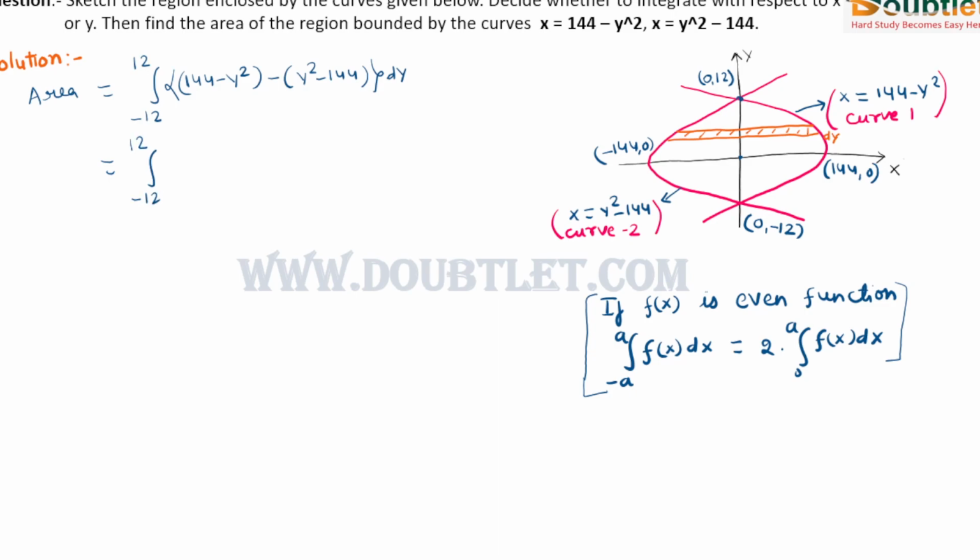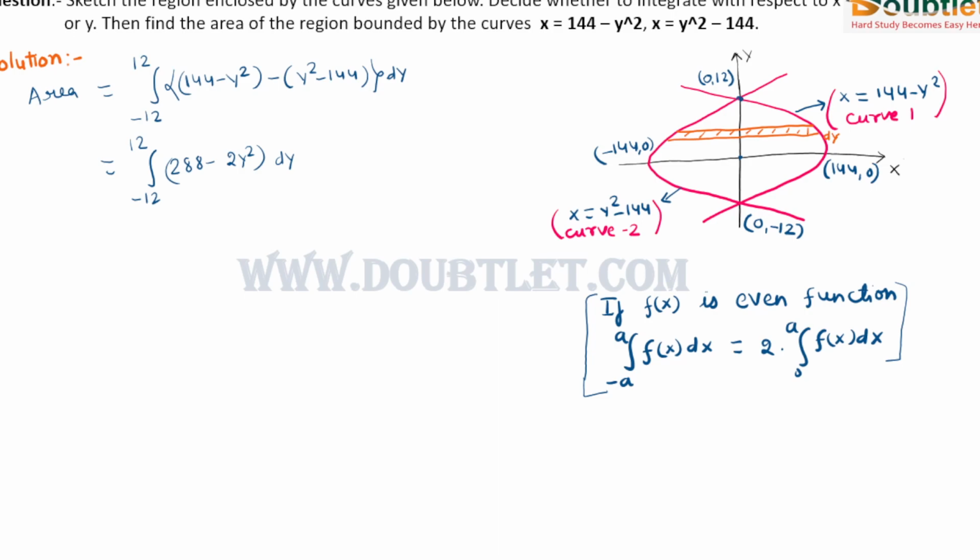Then this 144, this minus will become plus. So it will become 288 minus 2y square. Then we know that 288 minus 2y square is an even function. So we will use this property, that is the integral of f(x) from minus a to a becomes twice the integral with limit 0 to a.